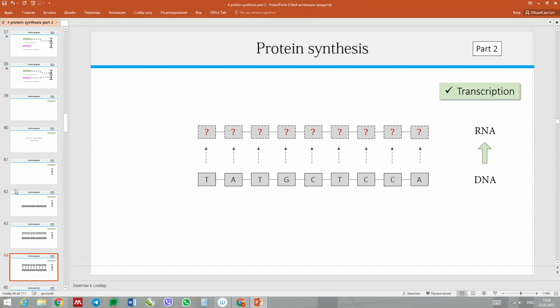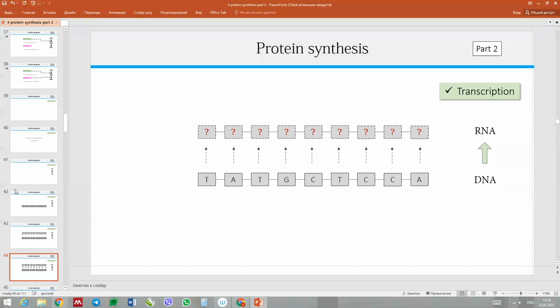That's why here, if we do not follow a certain data transfer protocol, and if we make a mistake during transfer of information from DNA to RNA, this will lead to a mistake in the sequence of amino acids inside of the protein. And this in turn will lead to a protein synthesized with mistakes in its structure, and such a protein will not work.